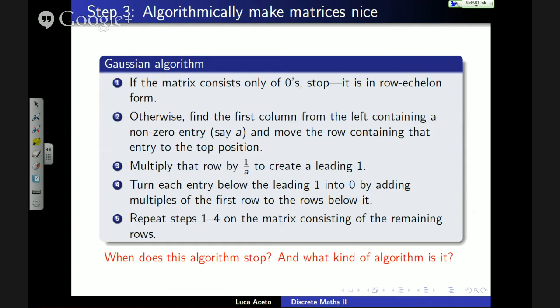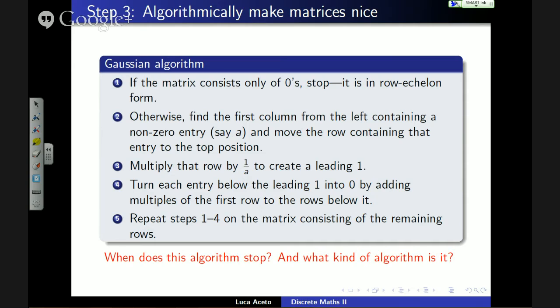Otherwise, we just go down. How do we do it? By applying an elementary operation. You can add appropriate multiples of the first row to the rows below it. So for instance, if below the 1 there is a 3, we will add to that row minus 3 times our first row.